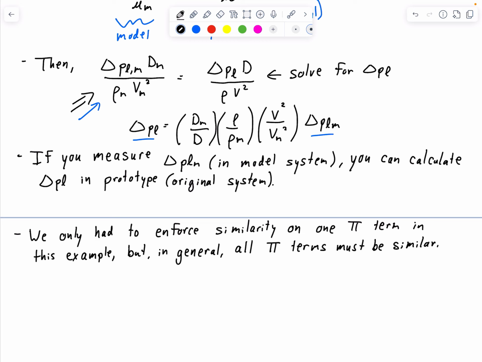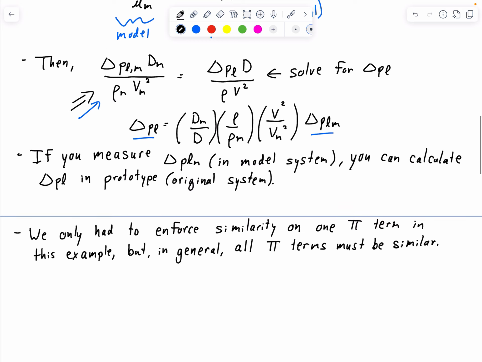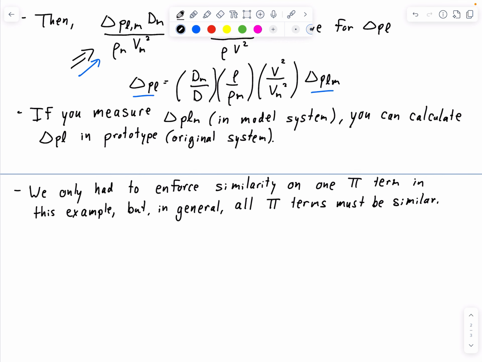Now there are a few different types of similarity which we need to talk about. The first type of similarity that we need to talk about is geometric.